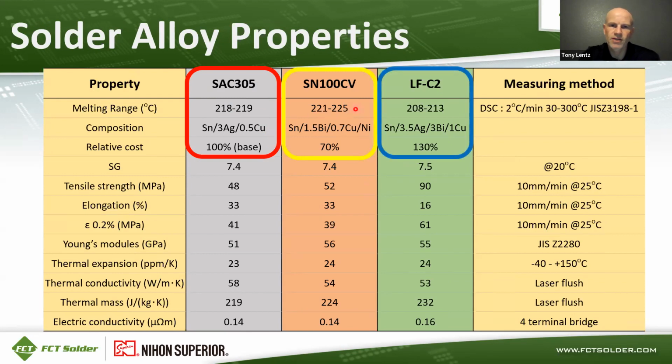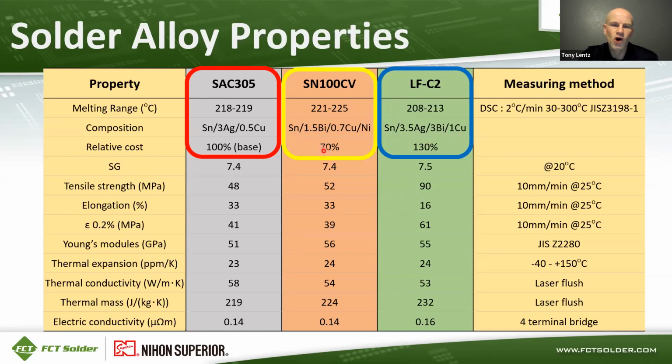S100CV melts at a slightly higher range, 221 to 225, and LFC2 has a slightly lower melting range of 208 to 213, which enables it to be reflowed with roughly a 5-degree lower peak temp. And then CV, I should say, is a mixture of bismuth, copper, and nickel in a tin matrix. LFC2 is a tin matrix with 3.5 silver, 3 bismuth, and 1% copper.